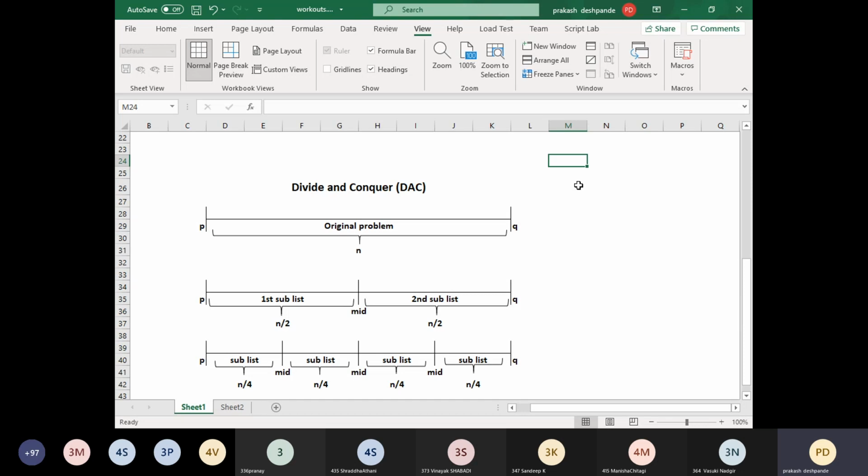Pay attention and understand. We start dividing the given problem into subdivisions, and if at a particular stage we don't get any solution, and that sub problem is the last stage, which cannot be further divided, and we still don't get the solution, that means the element we are searching for doesn't exist in the given set of numbers.